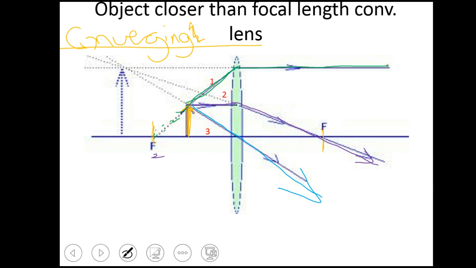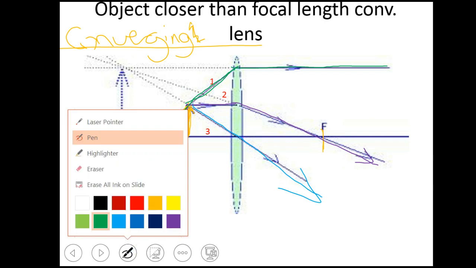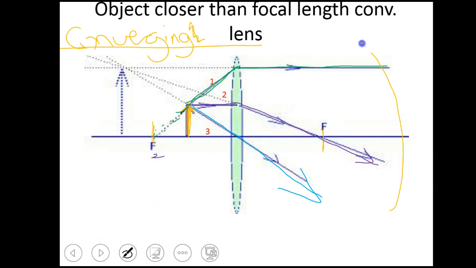But then, oh no, I don't have a place over here where any of these rays come together. Where is my image? It seems like maybe this lens doesn't work. But as long as you follow these 3 special rays for converging lenses with objects inside the focal point, it actually kind of does work.